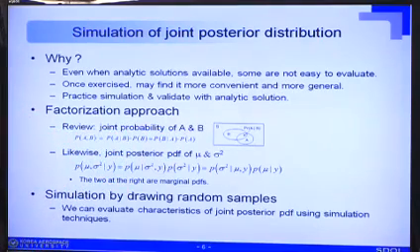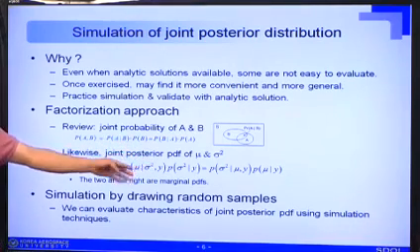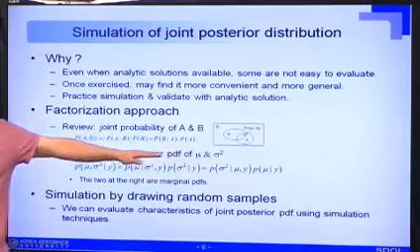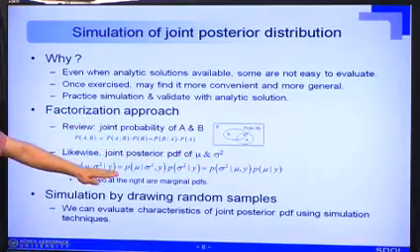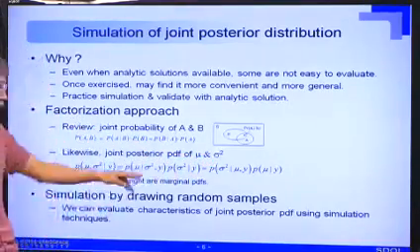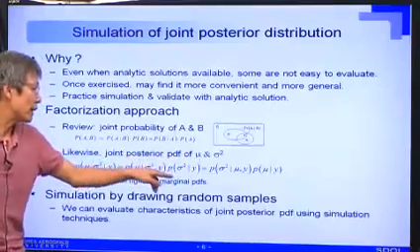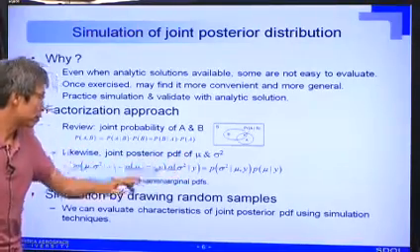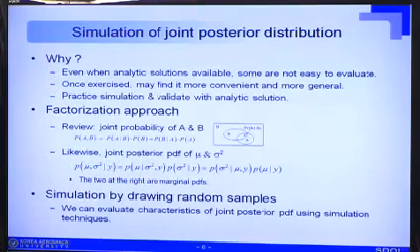The same thing, the joint posterior distribution for the two parameters can be written in two ways. The first is this one, multiplied by this conditional probability.